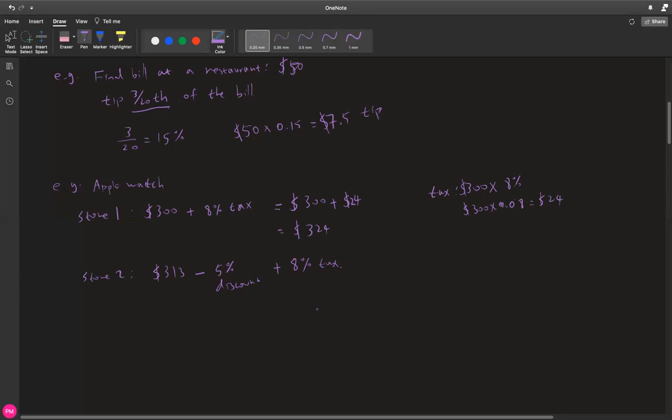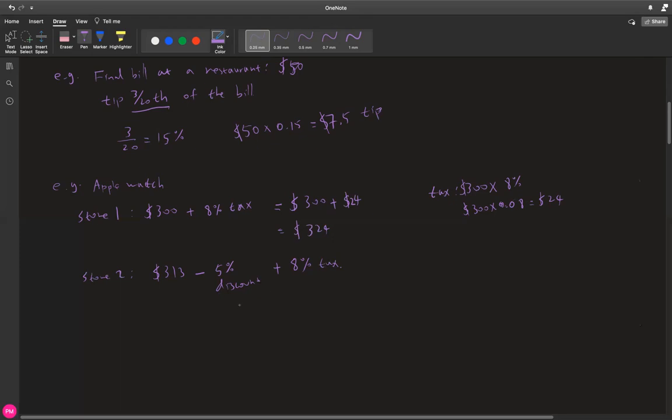So now let's look at store 2. Store 2 first offers a 5% discount. So what's the discount amount? How do you find the discount amount? In this case, we calculated the tax separately, but let's try to do it in one chunk instead of doing the separate discount amount. In the previous chapter, 9.3, we learned how increase and decrease works.